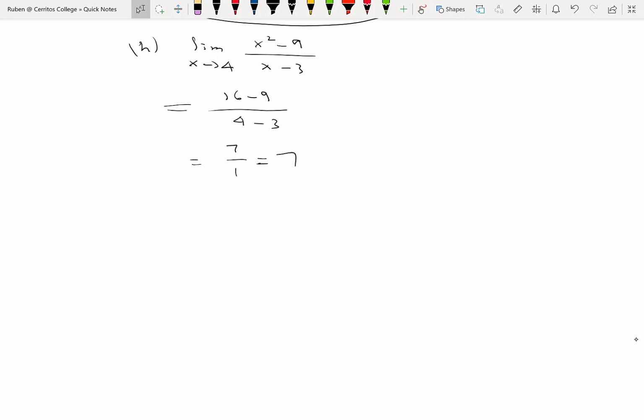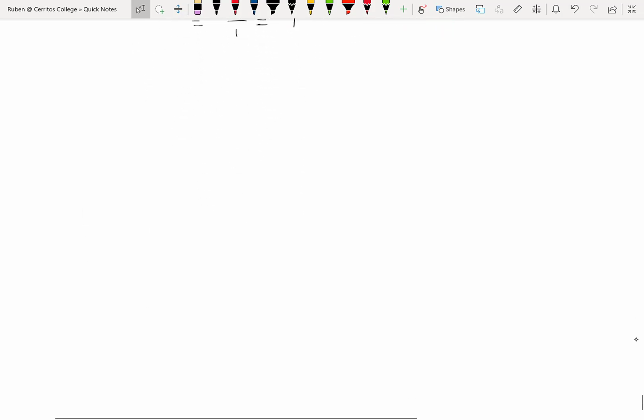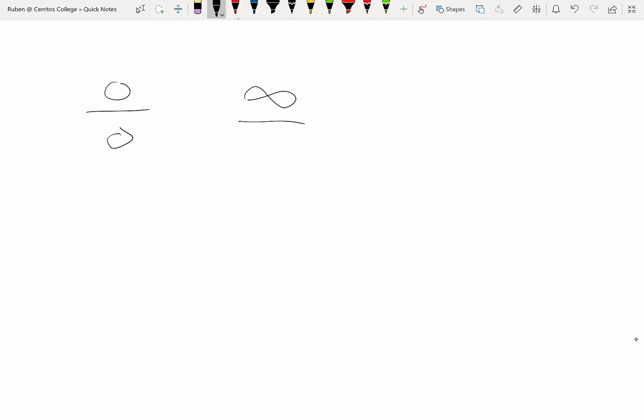There are times when the use of L'Hopital's rule isn't so straightforward. We may only use L'Hopital's rule when we have the forms 0 over 0 or infinity over infinity. We need to have the functions we're evaluating the limits of in this form before we can apply L'Hopital's rule. So sometimes the functions are not in this form.